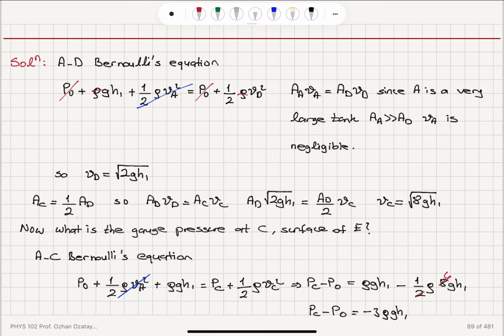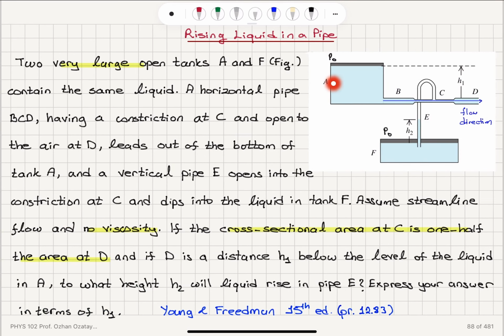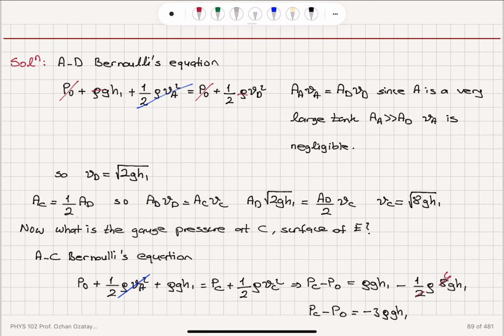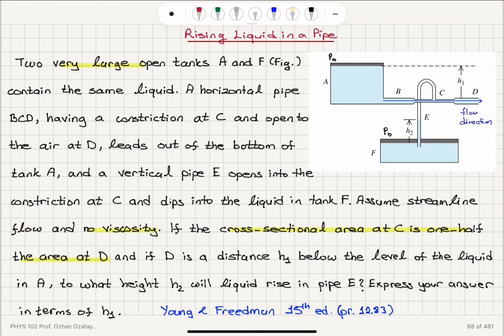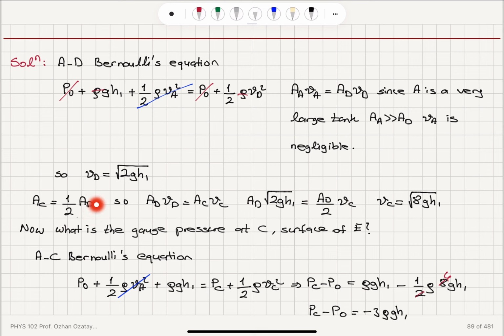Because the area of the tank A is very large, I can neglect the speed with which this top surface is coming down. So VA is neglected, and I obtain VD equals square root 2GH1. Knowing the volume flow rate must be the same between D and C, and the area of C is half of the area of D, I obtain VC to be square root 8GH1.